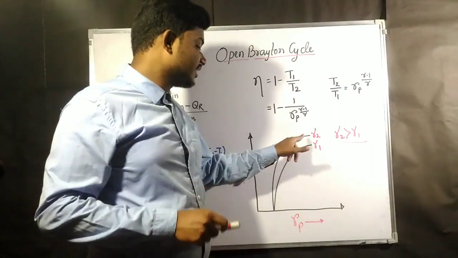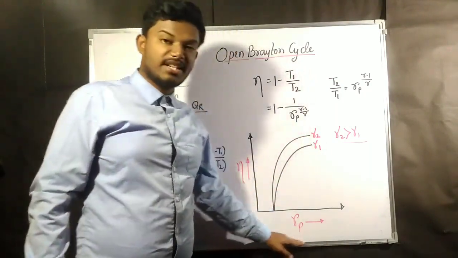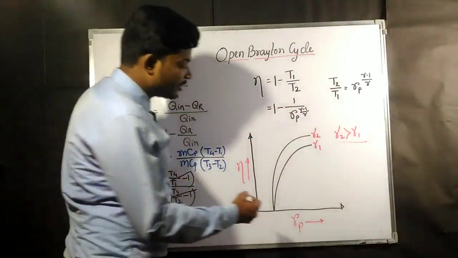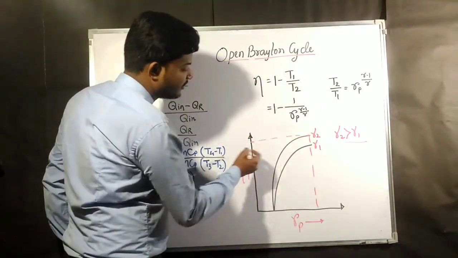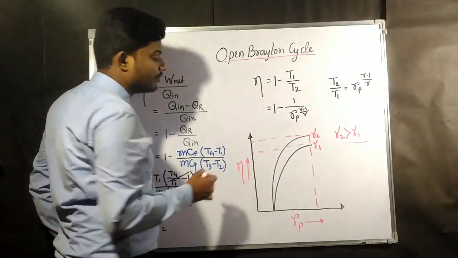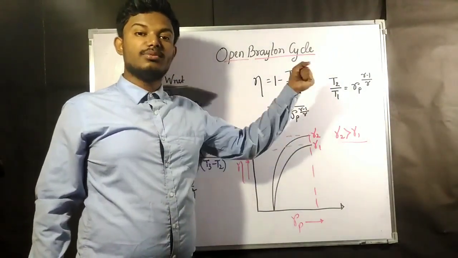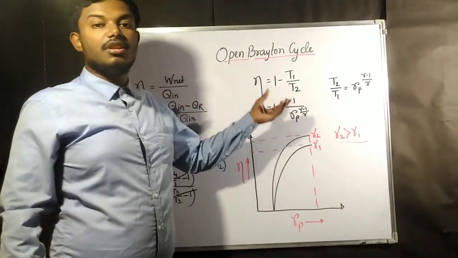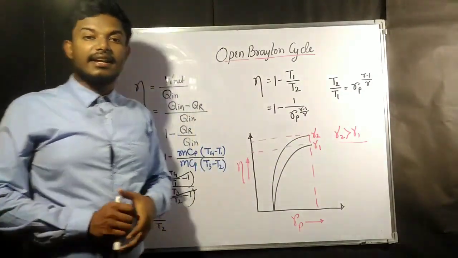When gamma is more, with the increase of pressure ratio, the efficiency will increase more. That means for the same pressure ratio, gamma 2 is going to have higher efficiency than gamma 1. So when the adiabatic index is higher, the efficiency increases more with the increase in pressure ratio.